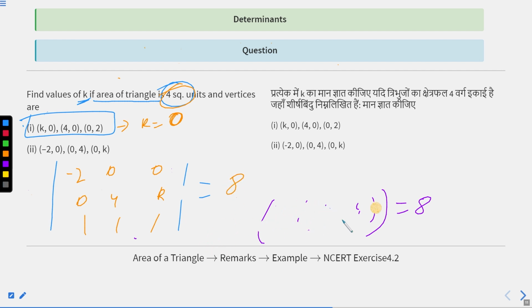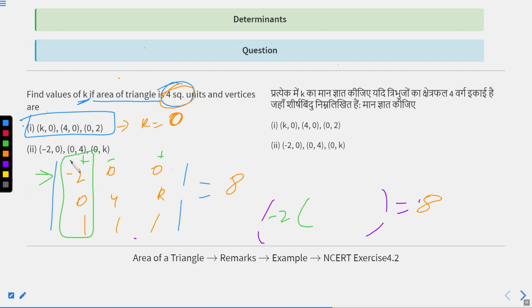Now what row or column do I have to choose? The maximum zeros are in the first row. So the signs are plus minus plus. So minus 2 minus 0 plus 0. These entries vanish, and you are only left with minus 2.